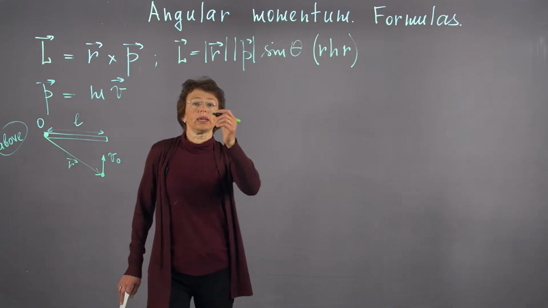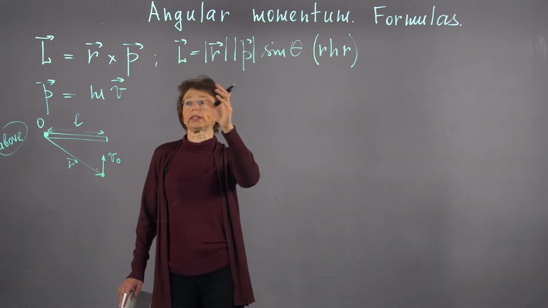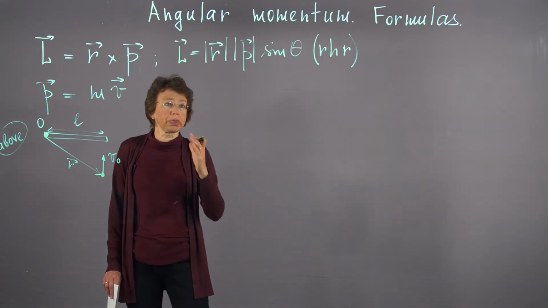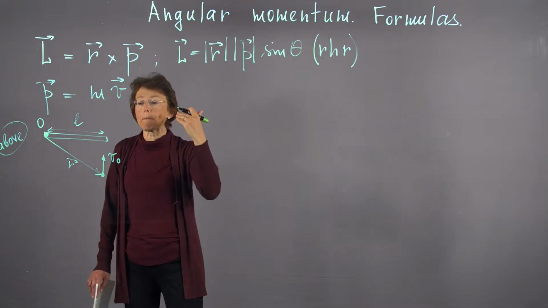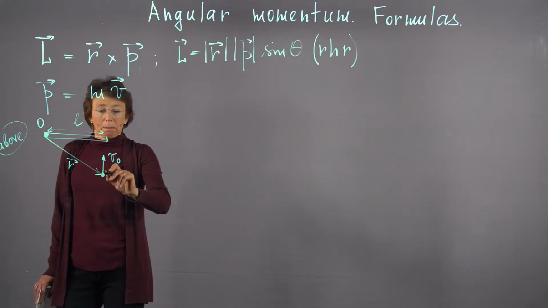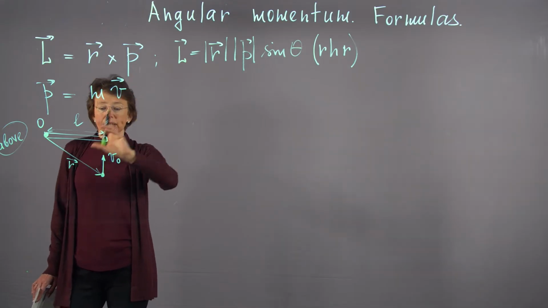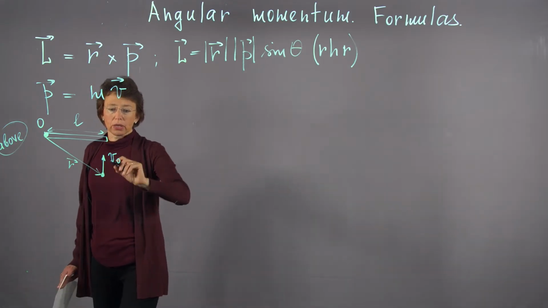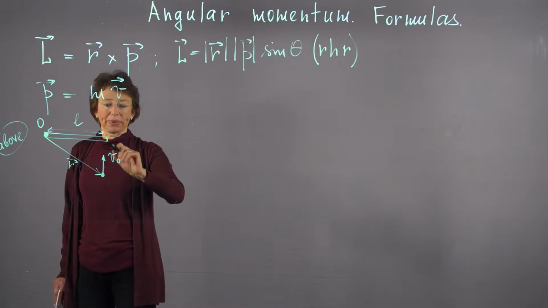Now, if I have two vectors and I'm looking for cross product between them, we remember that we are looking for perpendicular components. We are looking for components of r and p that are perpendicular to each other. So this is my v or p.